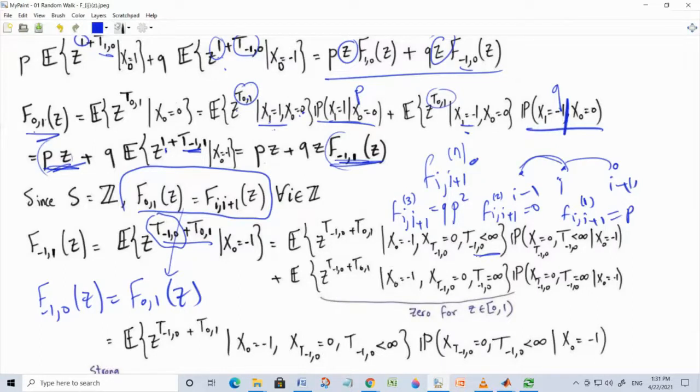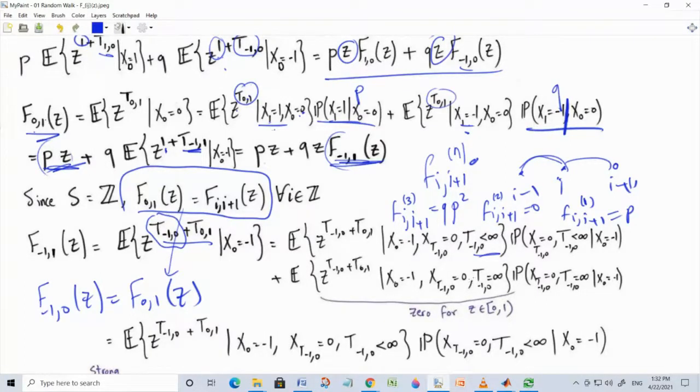So the event we are conditioning on is the event that in a finite number of steps, no matter how large, starting from minus 1, you will enter into 0 for the first time. So basically what I am doing here is conditioning on t minus 1 0 being finite. And there will be another term.